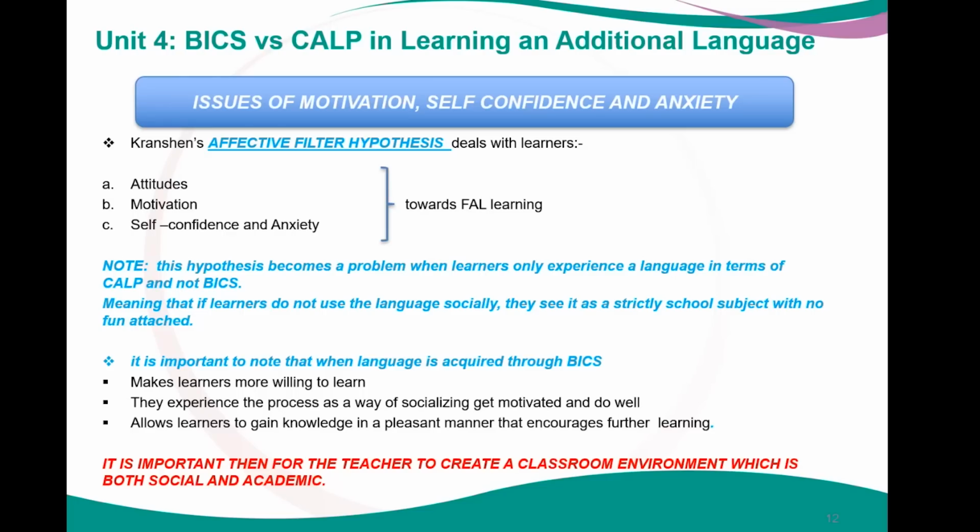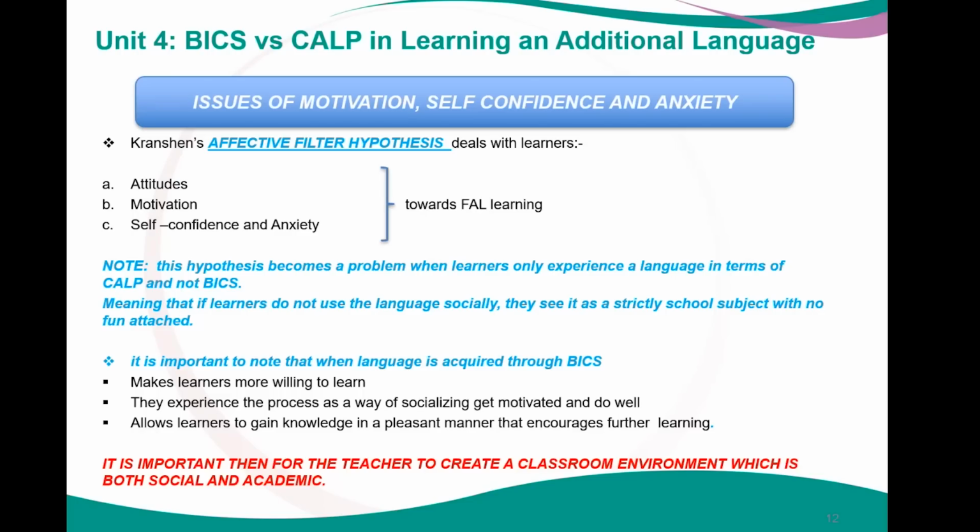Meaning that if learners do not use their language socially, they see it as a strictly school subject, no fun attached. So they work together, but you need to understand where they come from. It is important to note that when language is acquired through BICS, it makes learners more willing to learn. So how can you make it fun to avoid them having anxiety?